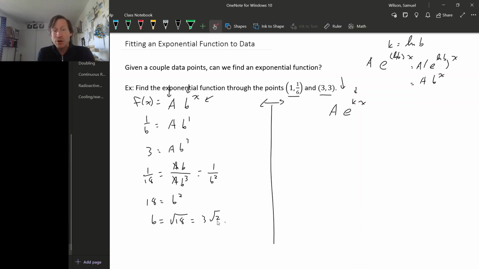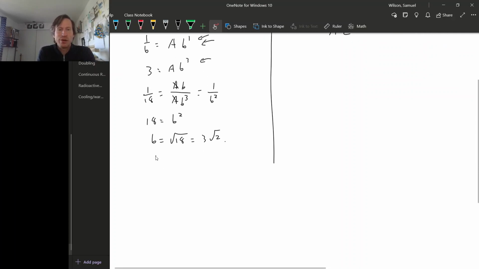All right, so now we know b. Now we can go back to one of these two equations and find a. Let's use this one here. So 1/6 is equal to a times b, which we now know is 3√2. And then divide both sides by 3√2. You get a is 1/(18√2).